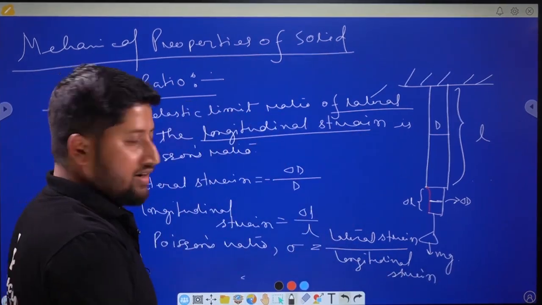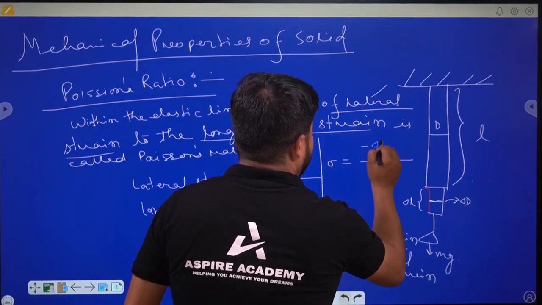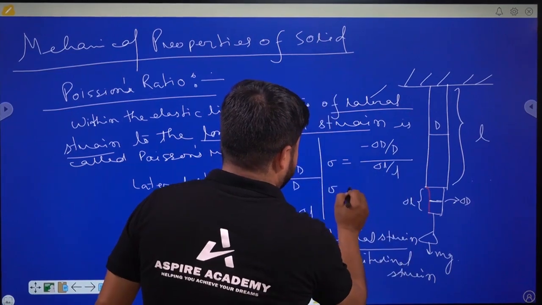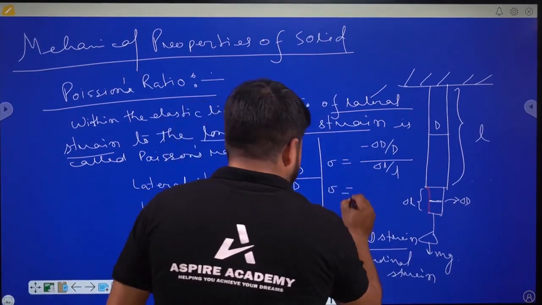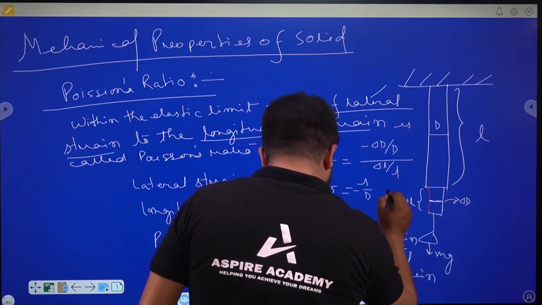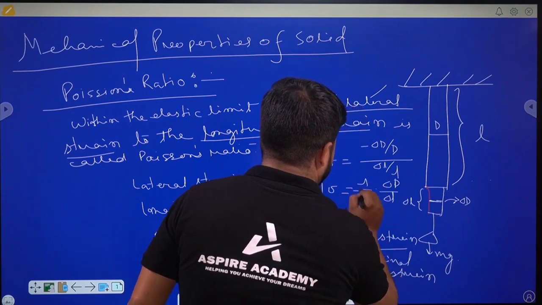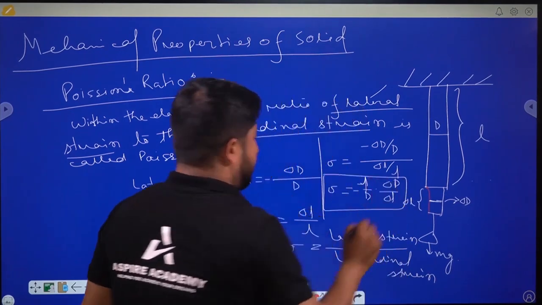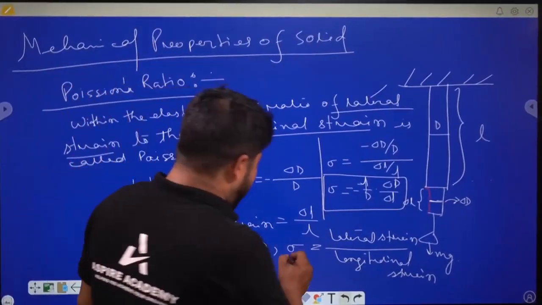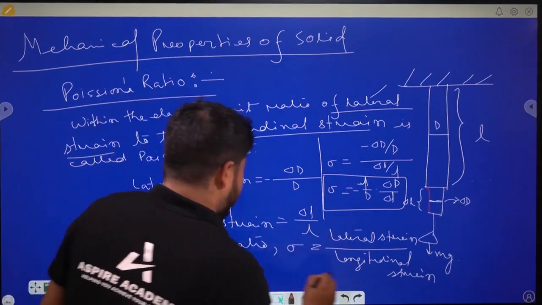Sigma is equal to minus del D by D divided by del L by L. So sigma is equal to minus L by D into del D by del L. This is the expression for Poisson's ratio. Sigma is equal to lateral strain divided by longitudinal strain. This is very, very important.